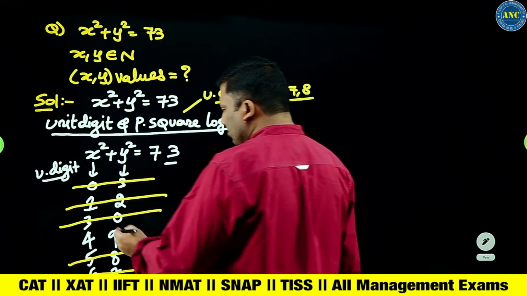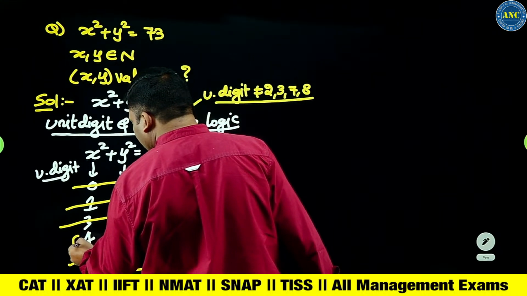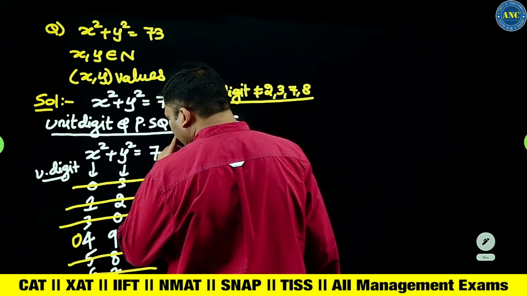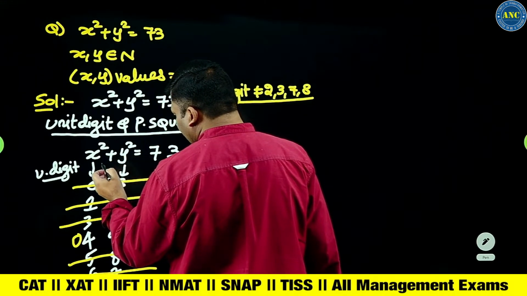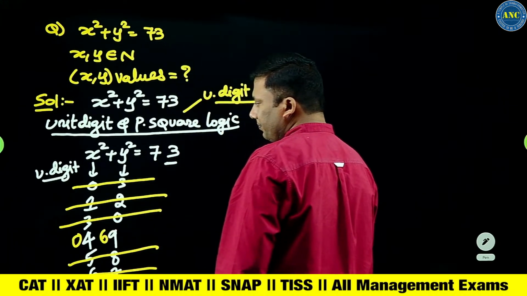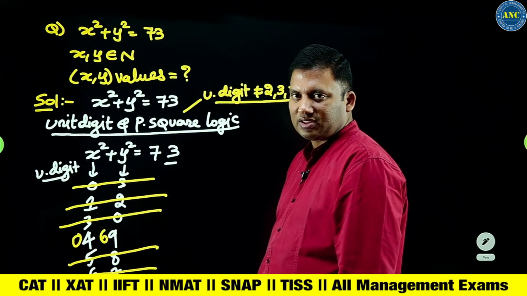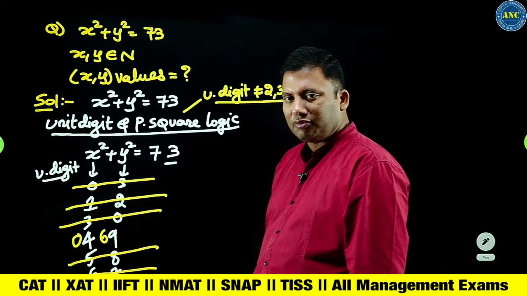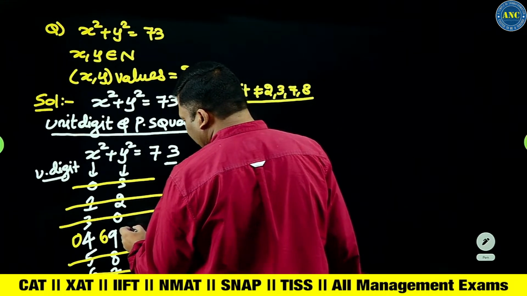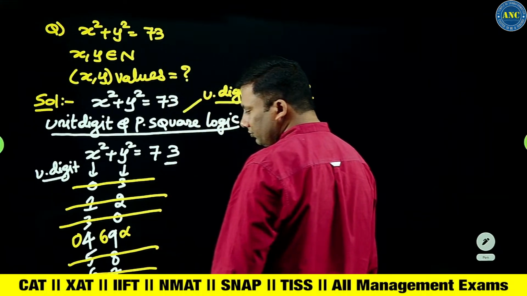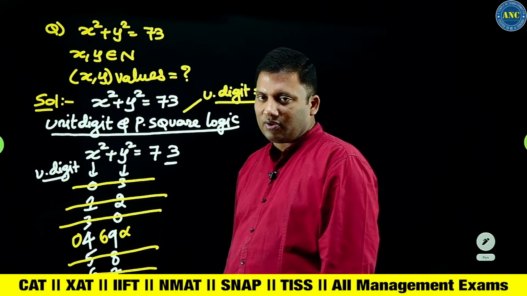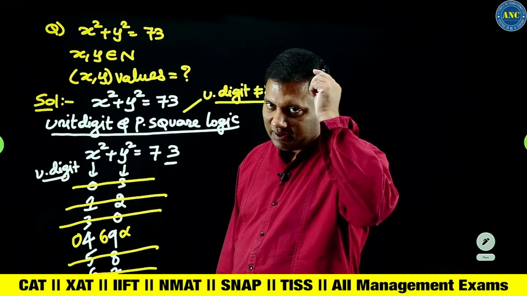What is the smallest perfect square ending with 4? 2 square is 4. So y square ends with 4, then 4 plus 69. But 69 is not a perfect square.